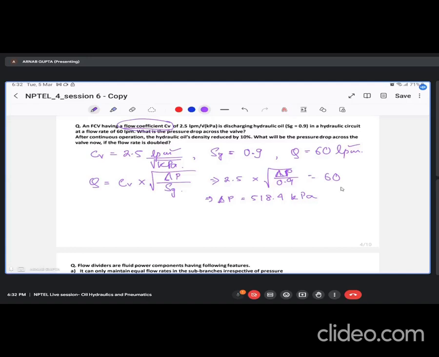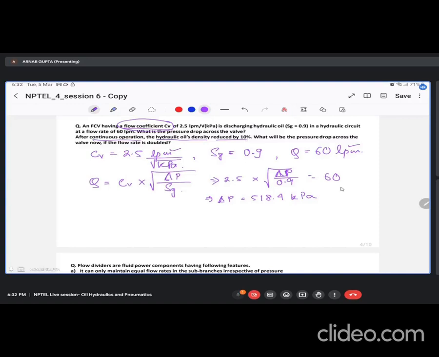Coming to the next part of the question. After continuous operation, the hydraulic oil's density is reduced by 10%.